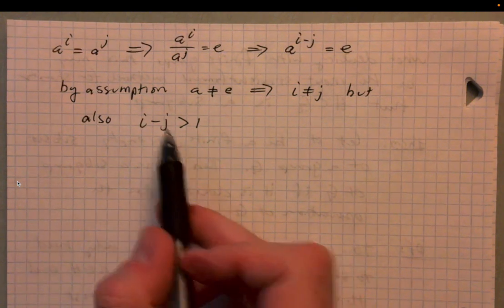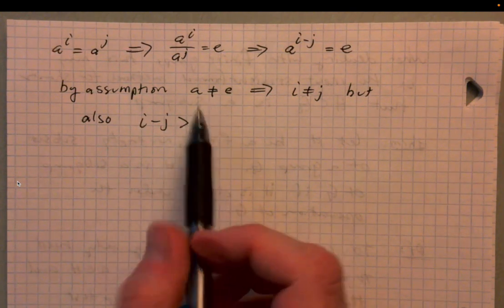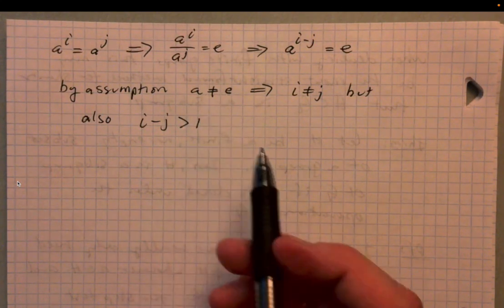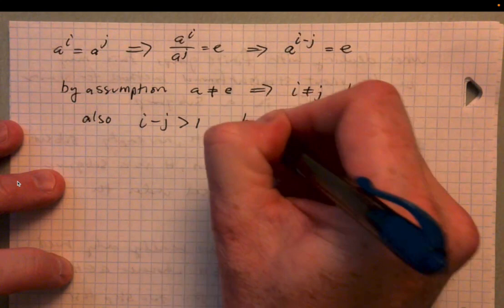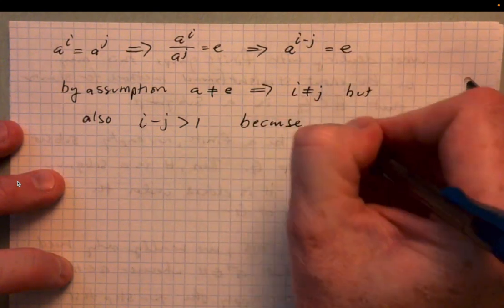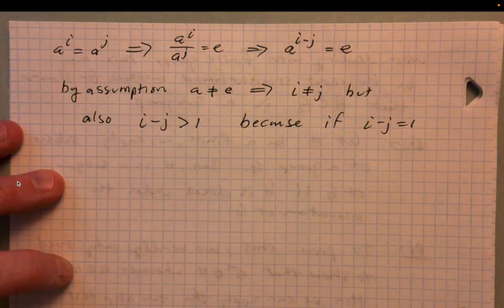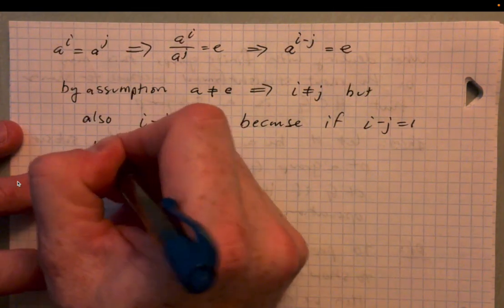They're not the same, but we're saying something stronger. We're saying that i minus j must be greater than 1, and that is going to follow from the fact that a is not equal to e, right? Now we can say this because if i minus j equals 1, we'll end up with a contradiction.